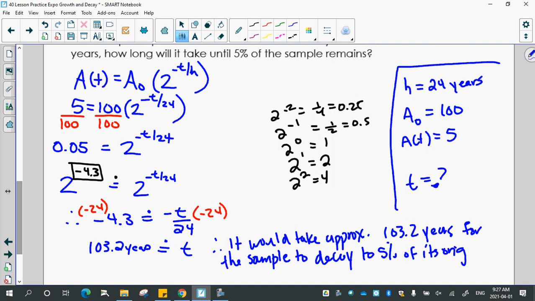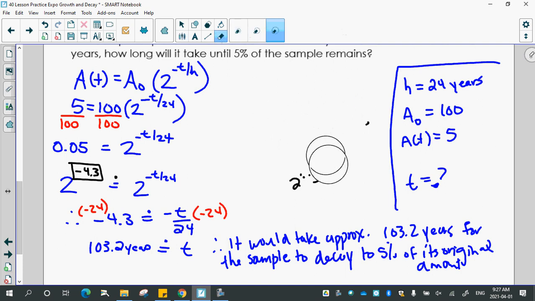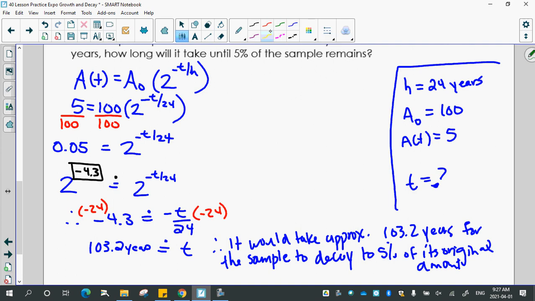Okay, remember I said I was going to show you another way. You don't have to copy this down, but I'm just going to show it to you. An alternative strategy is going to get you to the exact same answer.